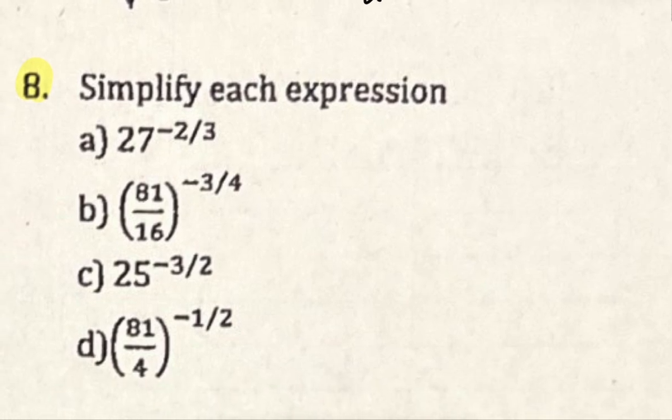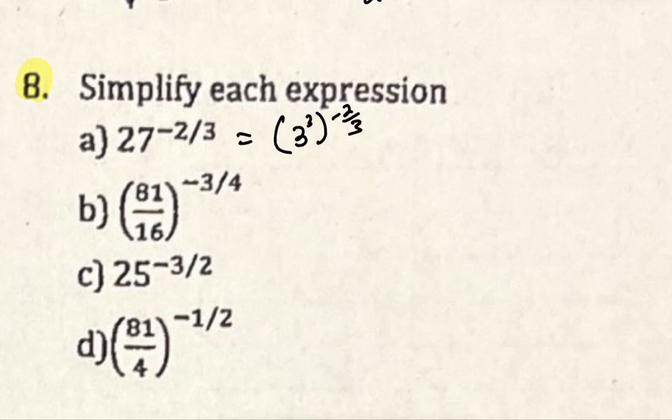Okay. So I'm going to do A and B, and then I want you to do C and D, okay? Let's talk about A. Here's my trick. 27, do you see this denominator here is a 3? 27 is 3 cubed. These match.